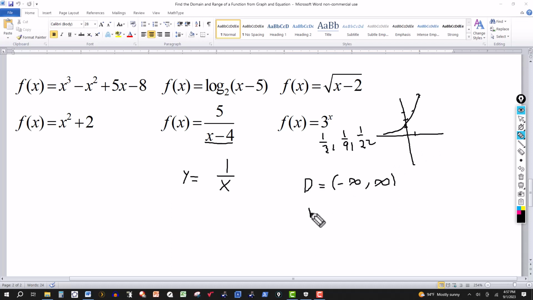So for the range, you get close to 0, but not quite there. So we put open parentheses here, and the graph stays above the x-axis, 0 to infinity. And that's what we have. And this axis, the x-axis, which has equation y equals 0, actually represents a horizontal asymptote.